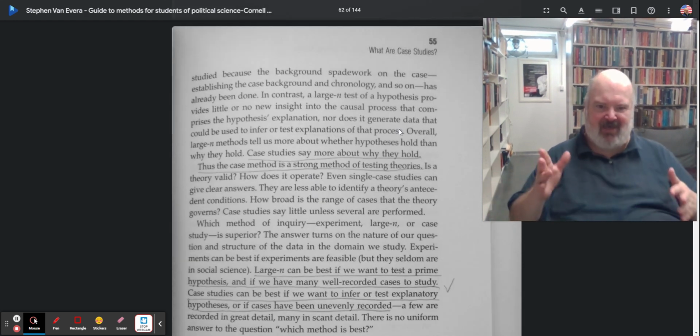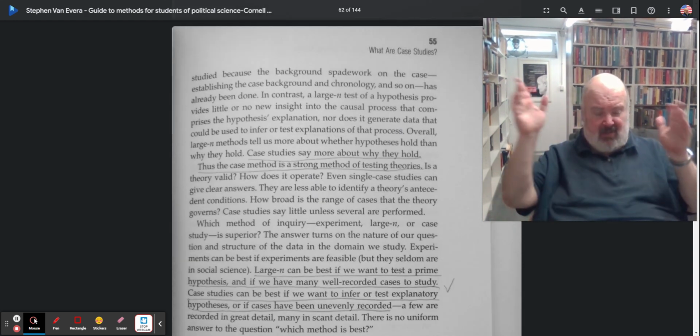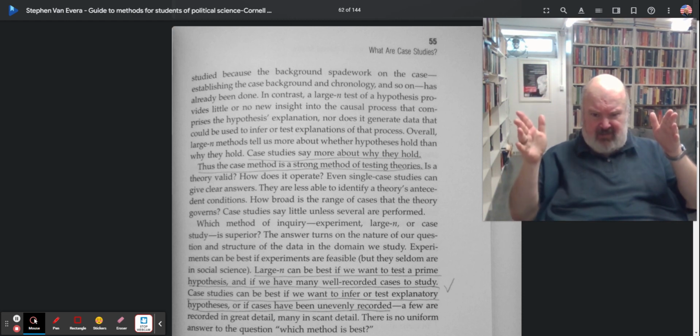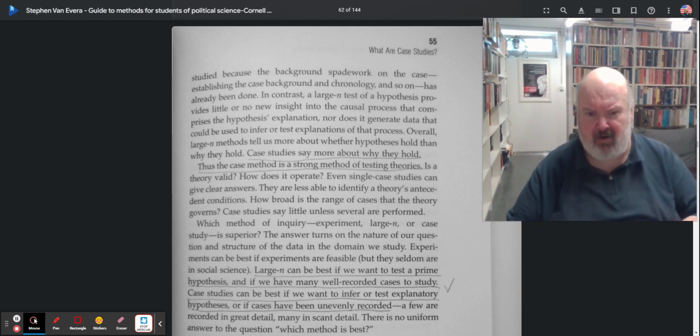In other words, the larger N approach can get you the larger hypothesis, but it can't generate the background or the chronology, right? It cannot do this kind of thing. Nor does it generate data that could be used to infer or test explanations of that process.